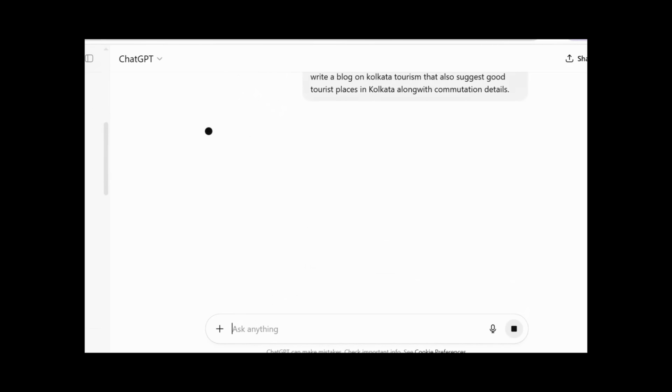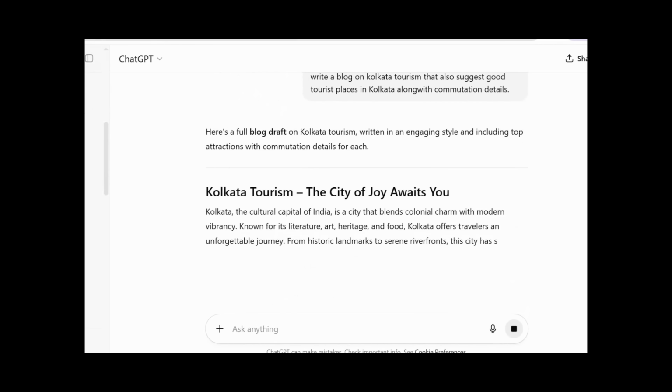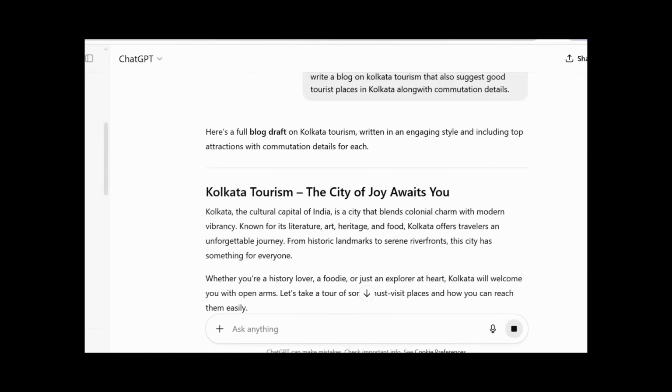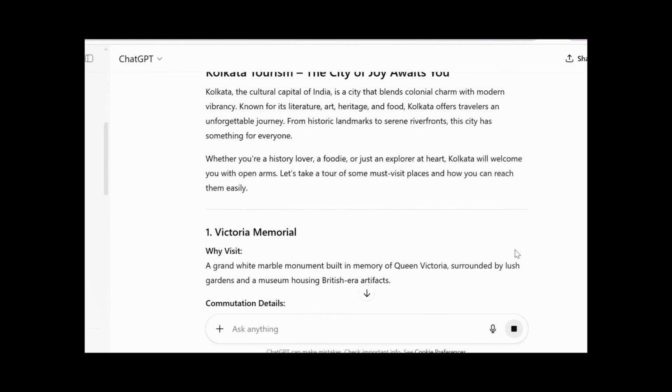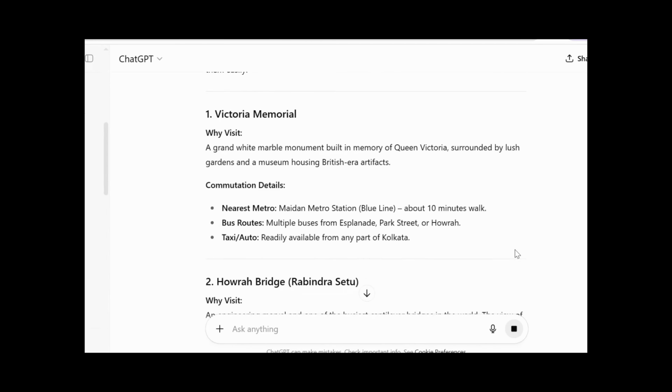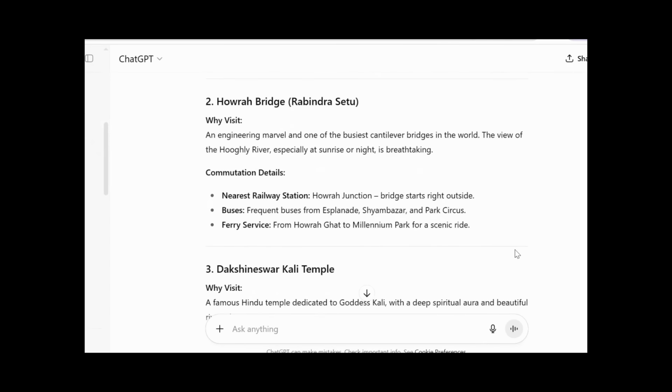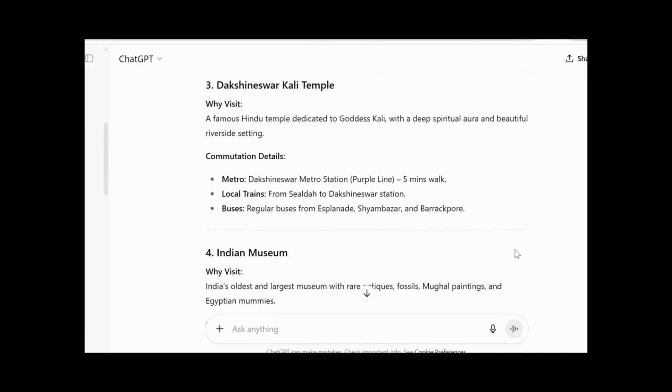So it will write a good, detailed blog on Kolkata tourism, where it tells you about Kolkata's culture and also introduces you to various tourist places in Kolkata and how to visit them, along with commute details.